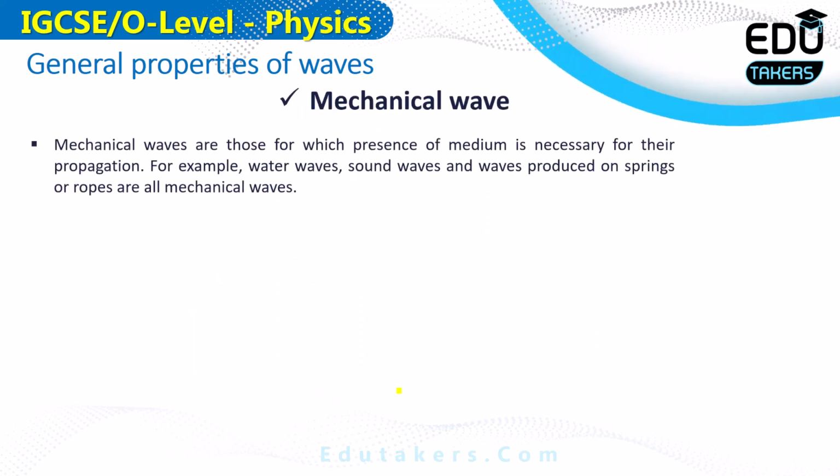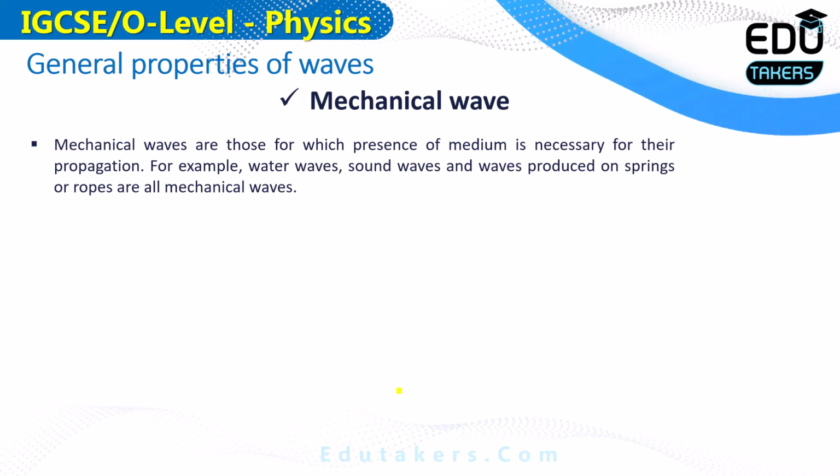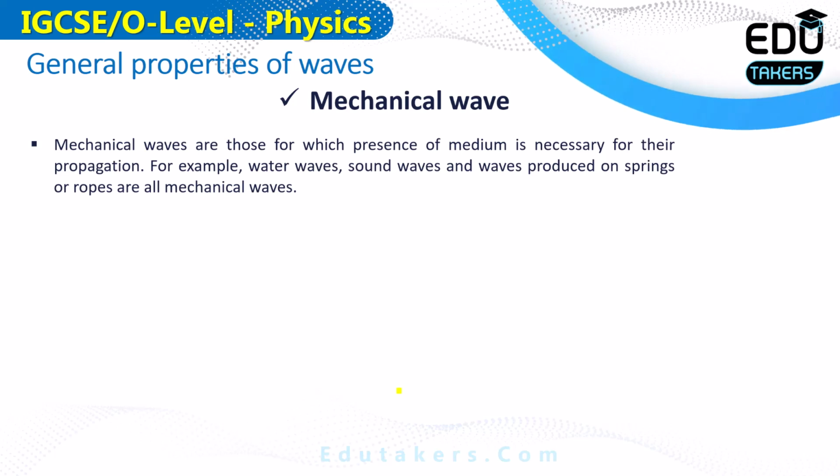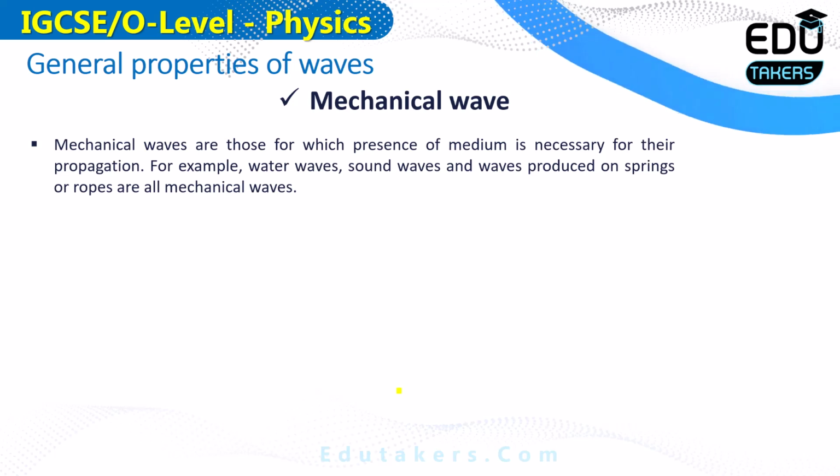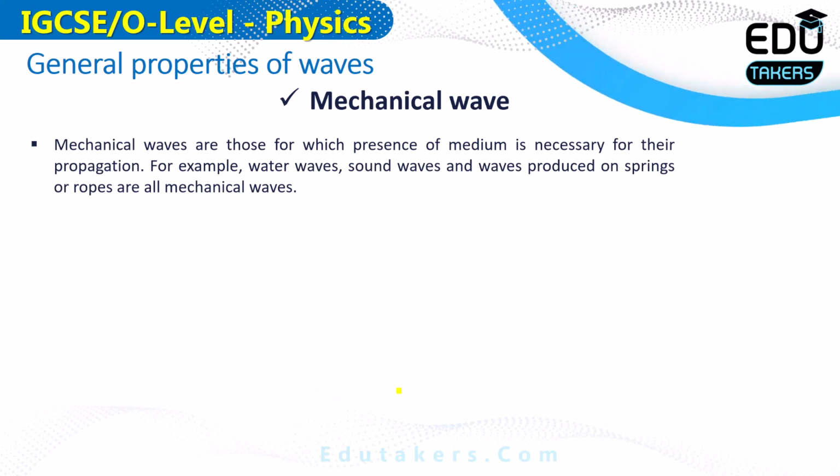First of all, here is the mechanical wave. Mechanical waves are those waves that require a medium for their propagation. For example, water waves, sound waves and the waves produced in strings or springs. All of these are mechanical waves because when you produce these waves, the medium is necessary.